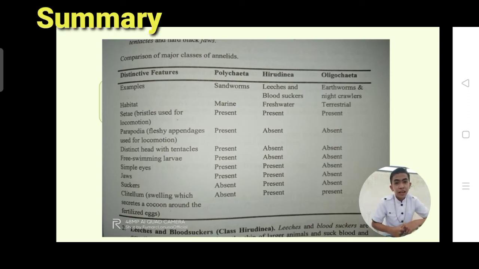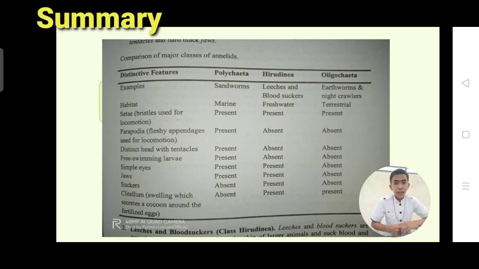Lastly, the comparison of major classes of annelids. As Kurt said earlier, there are 3 or 4 classes, but we will focus on the 3 main distinctive features of the 3 major classes. Examples of Polychaeta are the sandworms, Hirudinea are leeches and bloodsuckers, and Oligochaeta are earthworms and night crawlers.